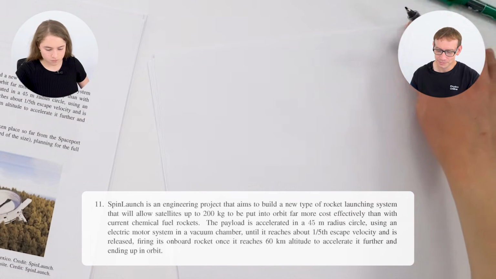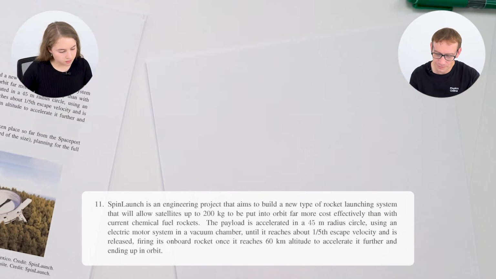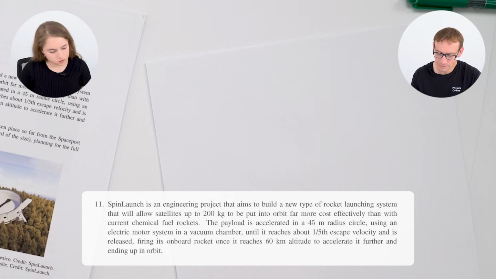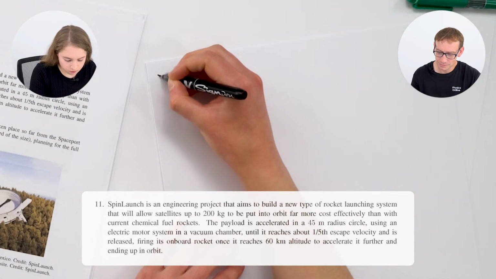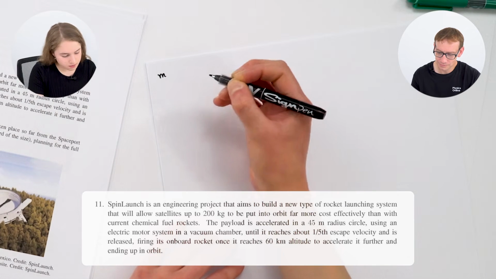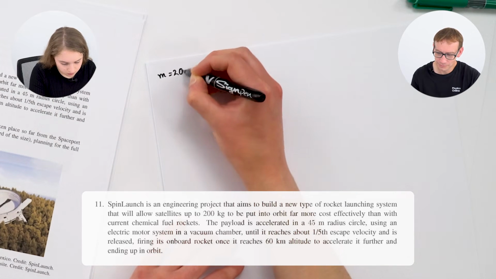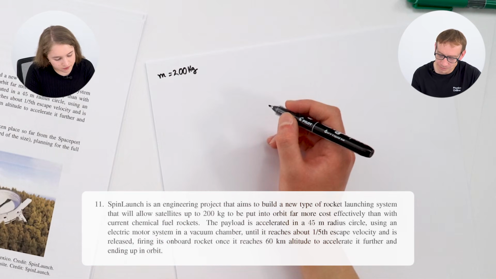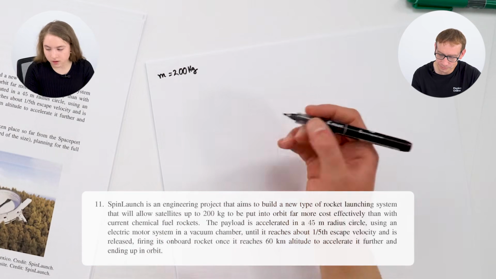So we won't read it all out, but looking through this, we know it's going to allow satellites up to 200 kilograms to be put into orbit. So let's say mass of satellite is going to be lowercase m, and that's going to be 200 kilograms. The payload is accelerated in a 45-meter radius circle. That seems relevant.